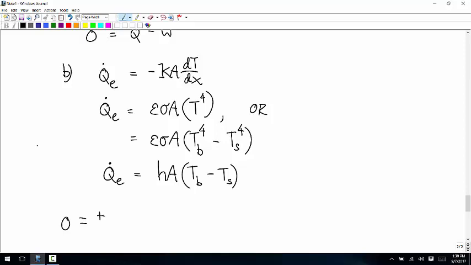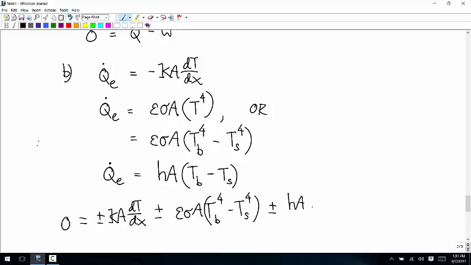So I'm going to write all these as plus or minus kappa A dT/dx, plus or minus epsilon sigma A times, I'll do the net one, T of the body to the fourth minus T of the surroundings to the fourth, plus or minus HA times the temperature of the body minus the temperature of the surroundings, and then minus the rate of work.